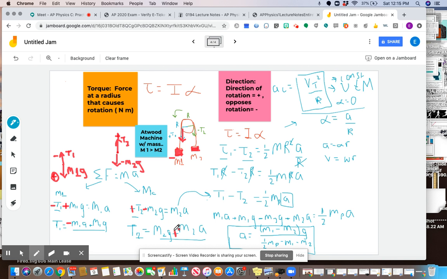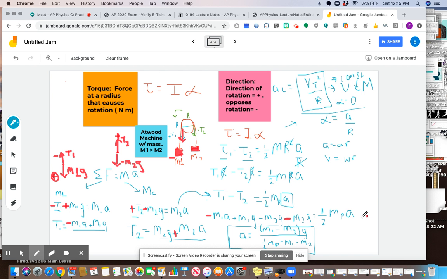So when we plug in, we have negative M1A plus M1G minus M2G minus M2A. So then when we solve, we have to add M2A and M1A to the other side of the equation.